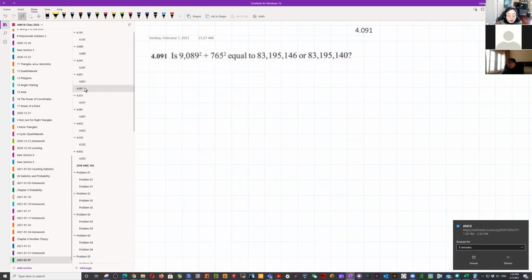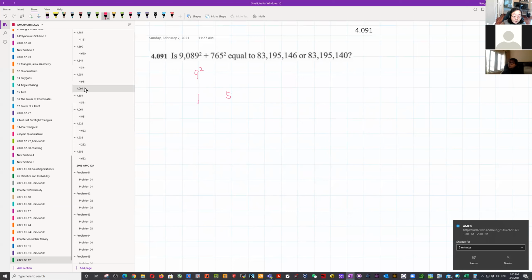And this is a problem where you have to judge the last digit of the number, because the number is quite complex, but you know that if you square 9, the last digit has to be 1, and if you square 5, the last digit has to be 5.